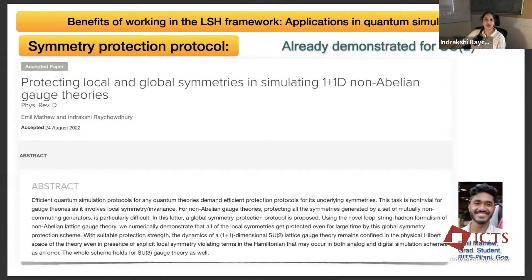The very recent one is that we have been able to find a symmetry protection protocol for SU(2) Loop-String-Hadron. This is a very recent work, done with my grad student, Emil. Emil is actually present in person at the conference, so he may be able to talk to you about this later.